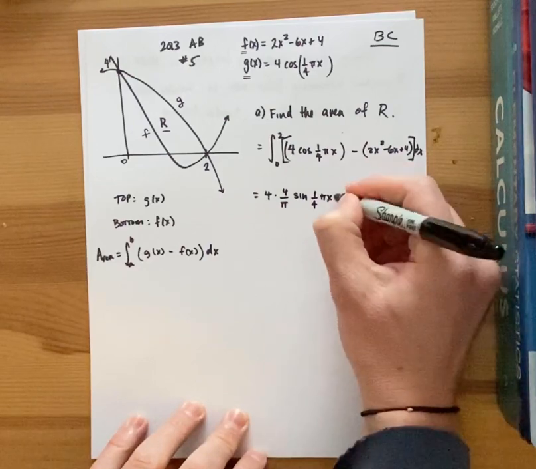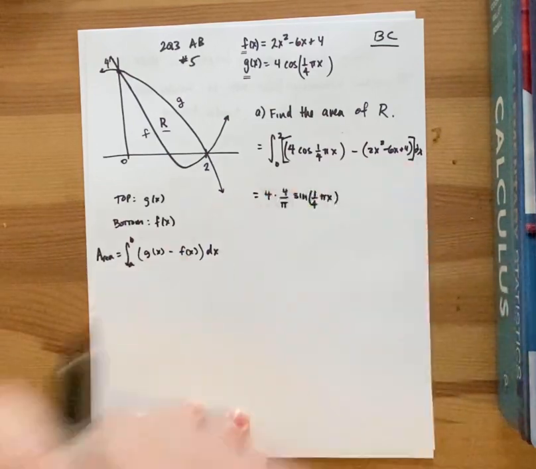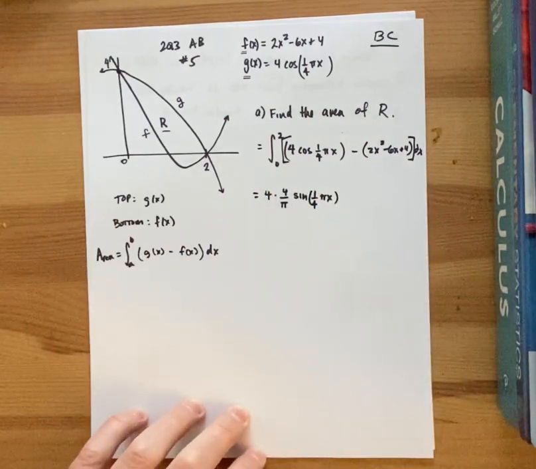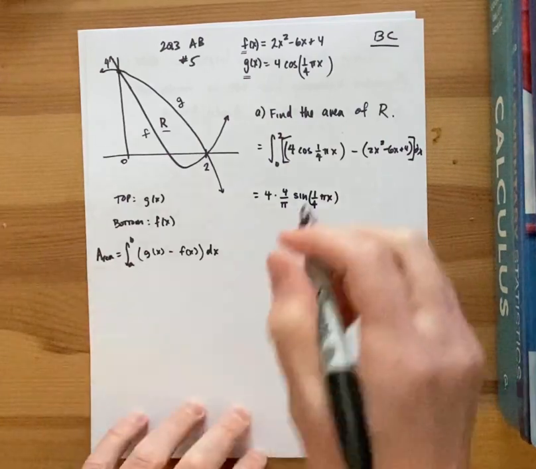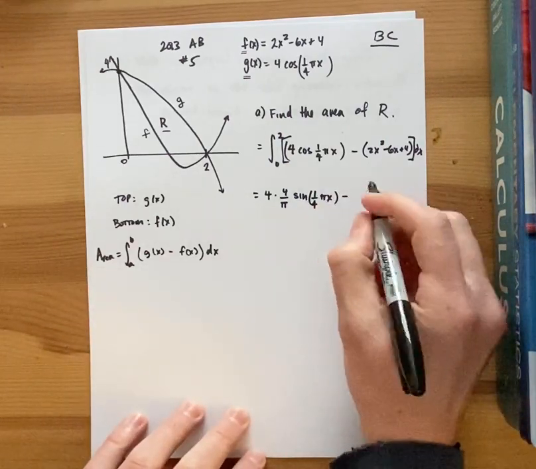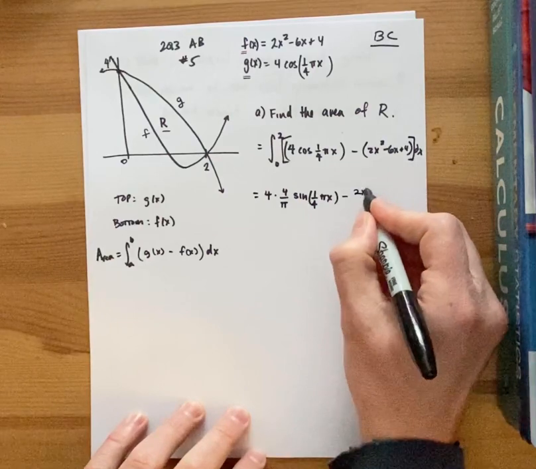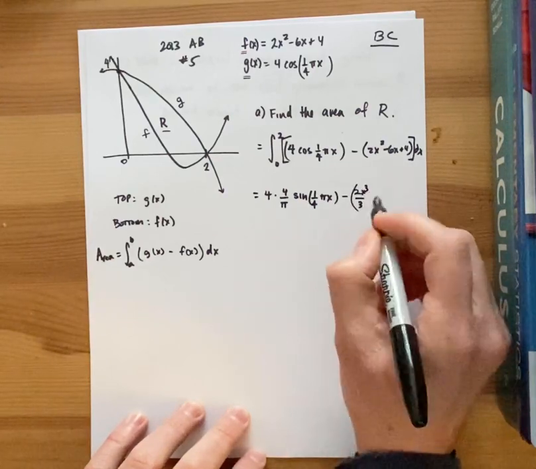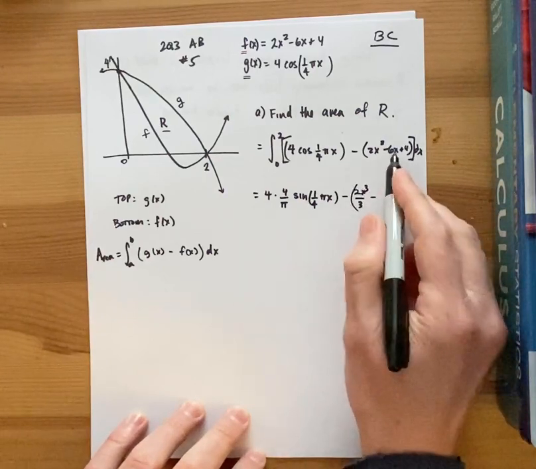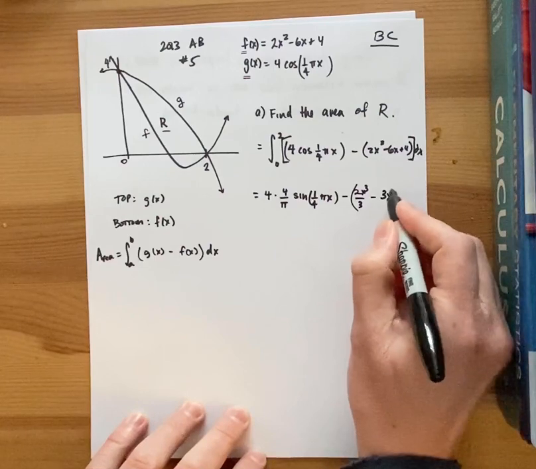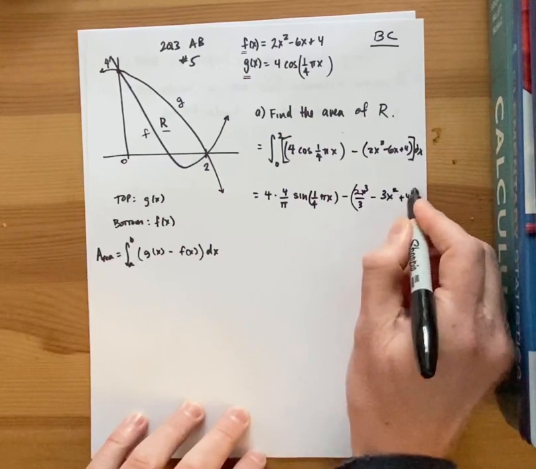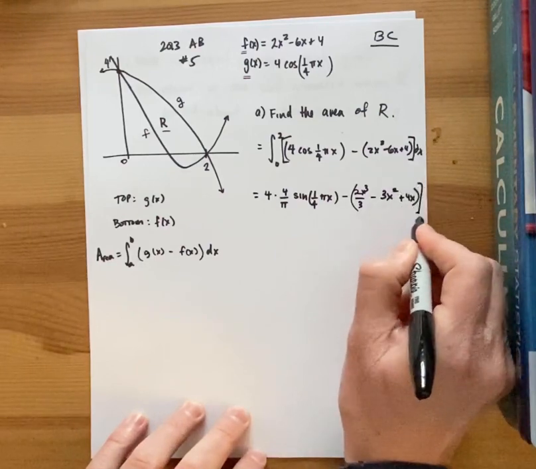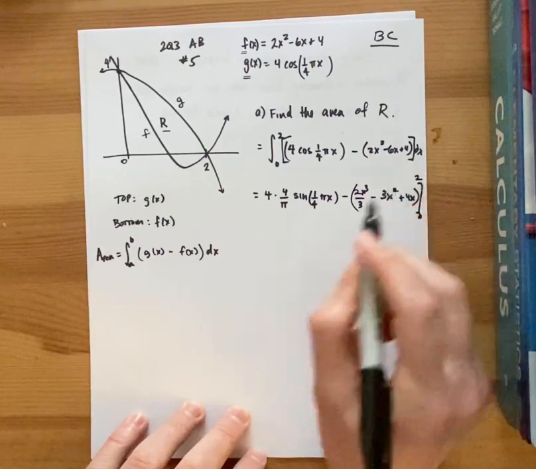If you have to, you can do a u sub there. All right, your antis here are going to be 2x cubed over 3 minus 3x squared plus 4x, and then we're evaluating from 0 to 2.